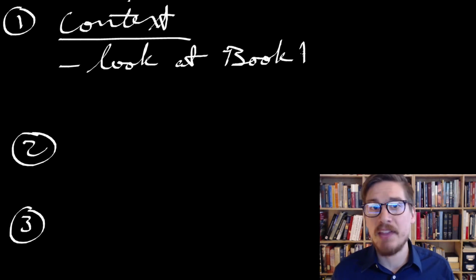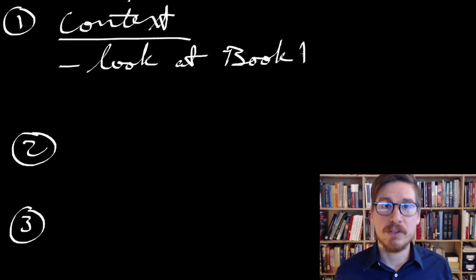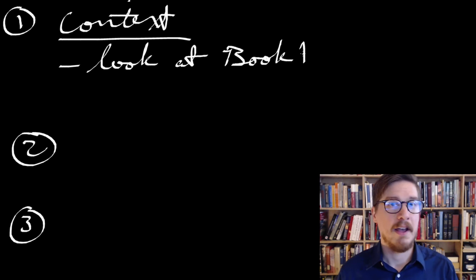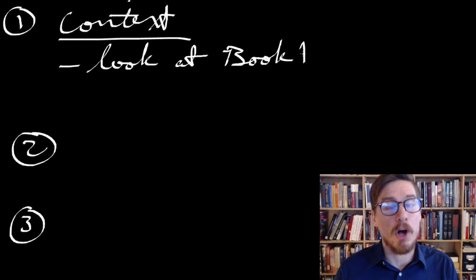Just looking at the diagrams, what do you notice? And you'll probably get answers like, well, there's a lot of triangles and then some parallelograms. And that's great. You can ask, what does that mean, right? What would that suggest to you? What do you think that book 1 is ultimately about?